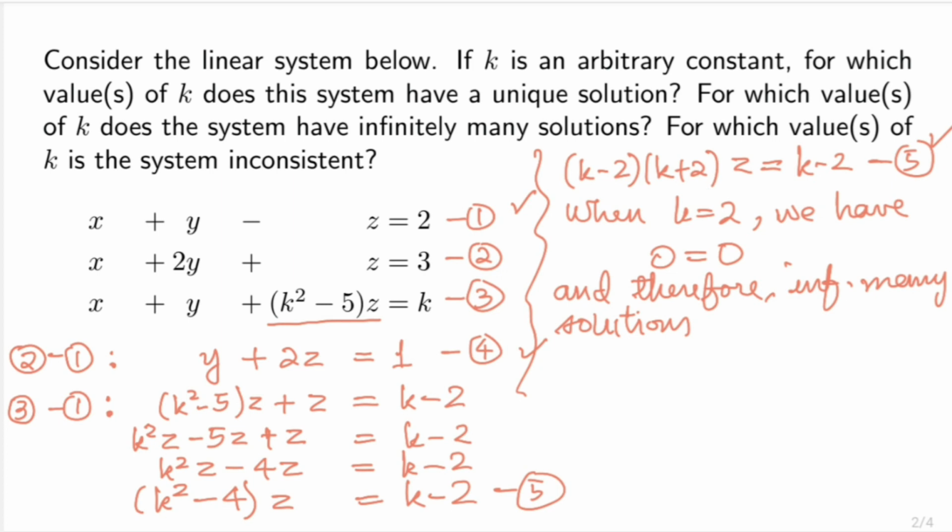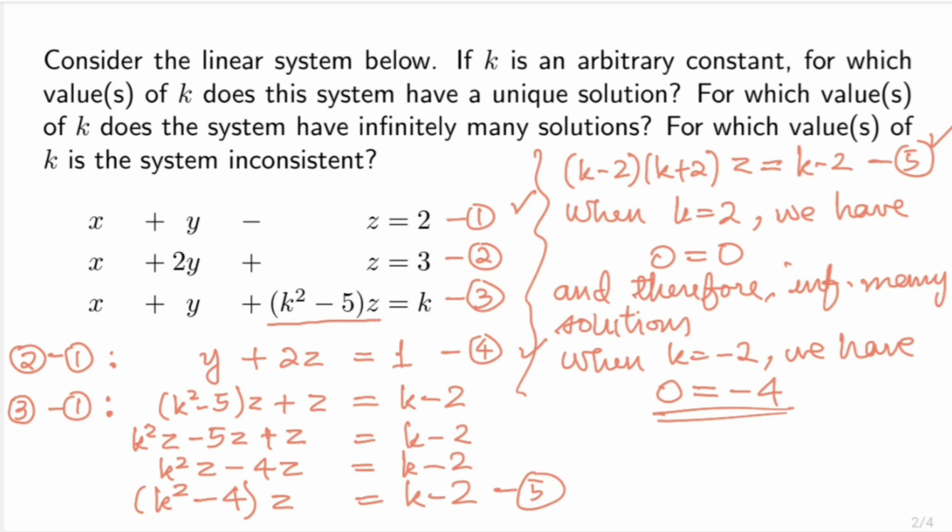So when k equals minus 2, the left hand side is 0, but the right hand side, because k is minus 2, is now minus 4.